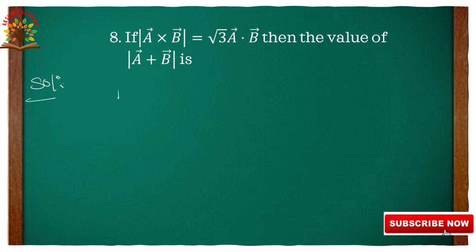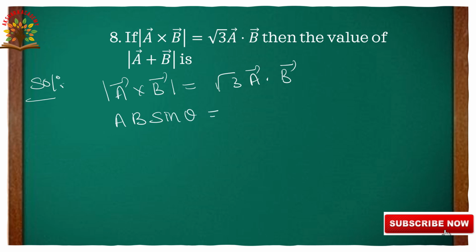Here given modulus of a bar cross b bar is equal to root 3 a bar dot b bar. Modulus of a bar cross b bar is equal to ab sin theta, that is equal to root 3 into a bar dot b bar, which is ab cos theta.